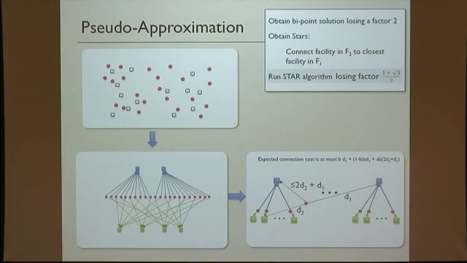Okay. So that's the whole thing. And the plus epsilon and so on comes because you have to deal with different size stars. If you just have the same star sizes, you get plus 2 or plus 3.